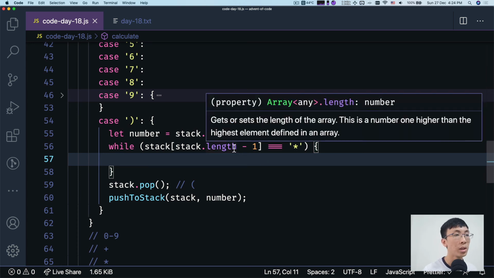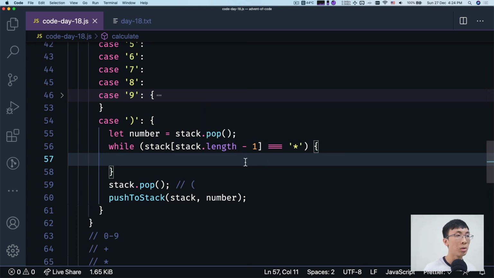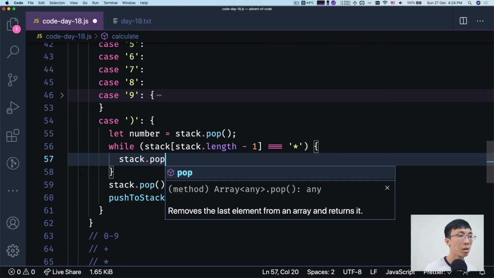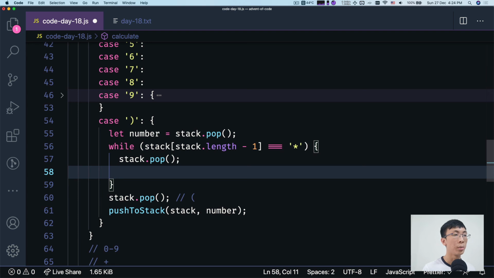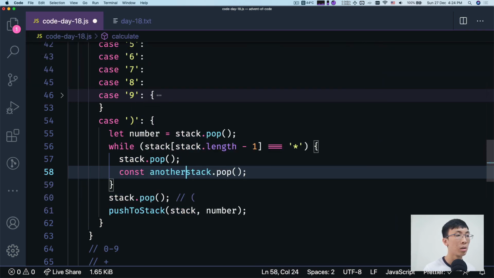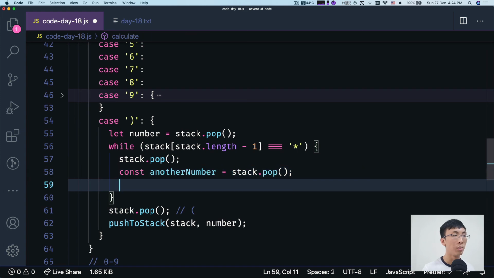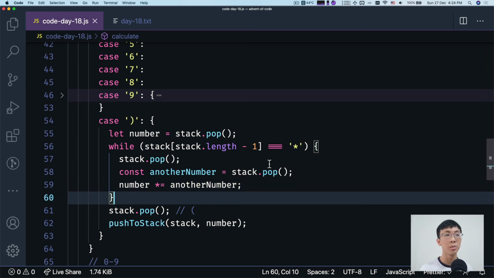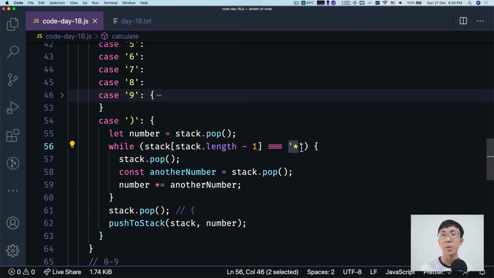So if it's a multiplication, we are going to pop it out, and I'm gonna pop another number. And we are going to multiply it with the other number. And we're going to continue until we don't see a multiply sign anymore.